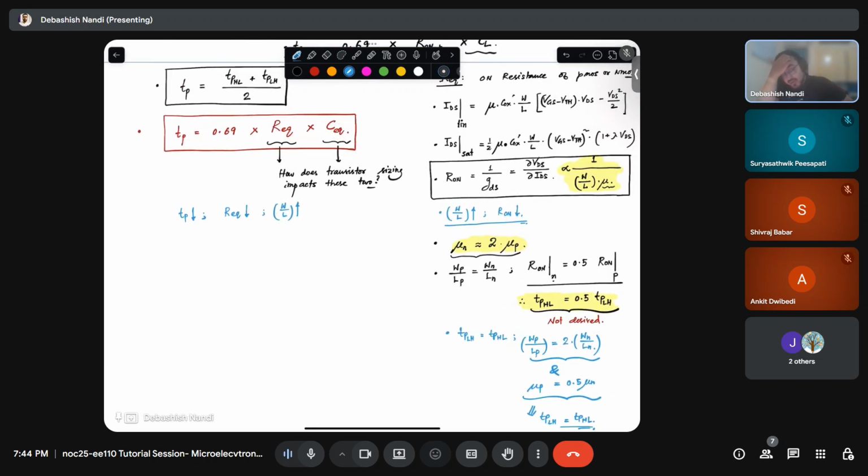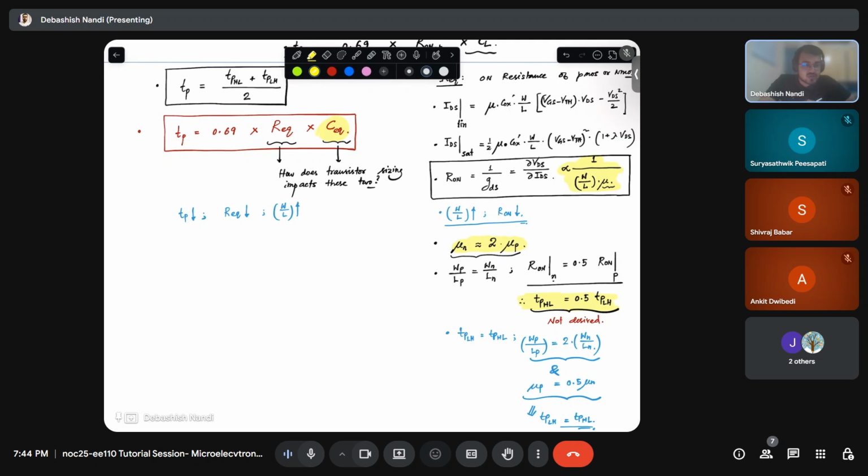So we have understood the consequence of increasing transistor size to reduce the delay, right? But there will be other effects. For example, so far we have not talked about C equivalent.